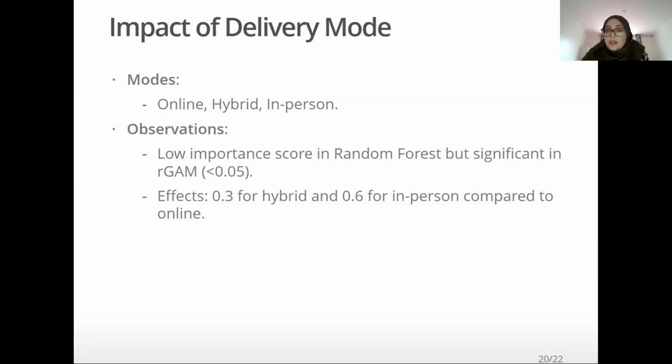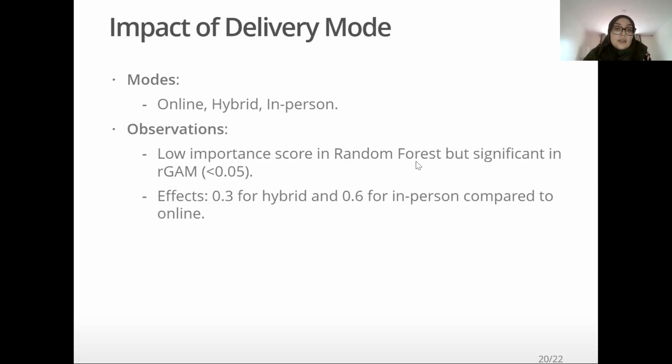Right. So then we assess as well the delivery modes as part of these predictive models. So there are 2 observations here with regards to the random forest and the reduced GAM model. The delivery mode variable as a predictor had a very low importance score in the random forest.